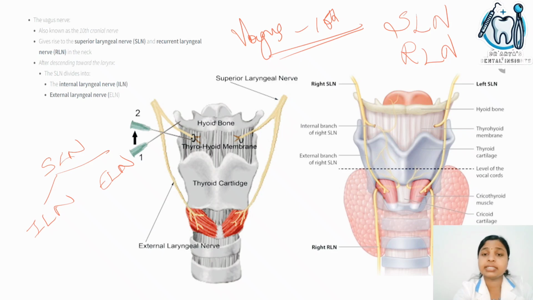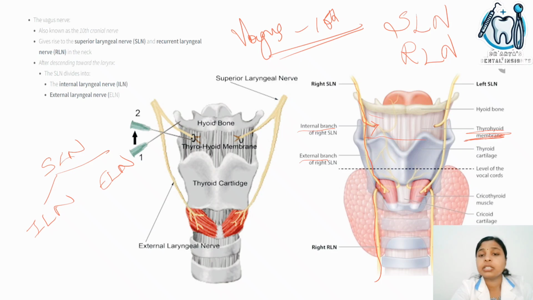This is the superior laryngeal nerve, which gives rise to two branches. This is the internal branch of the right superior laryngeal nerve, and this is the external laryngeal nerve. And this one is the recurrent laryngeal nerve. So what is this structure? This is the thyrohyoid membrane.